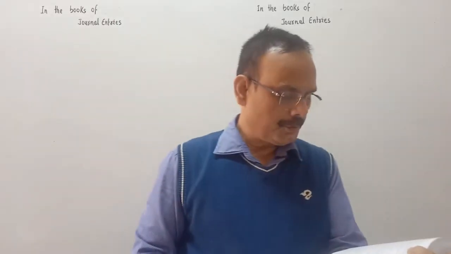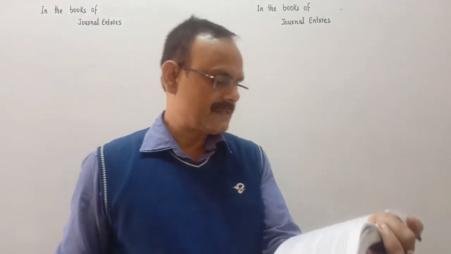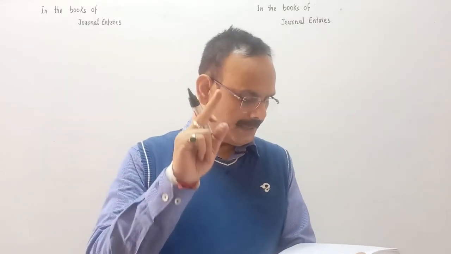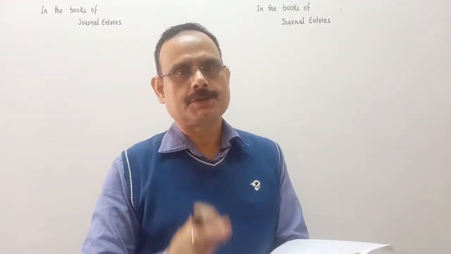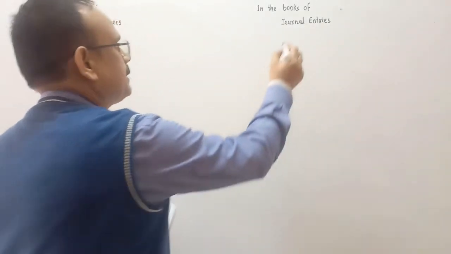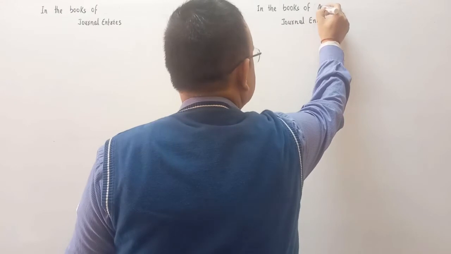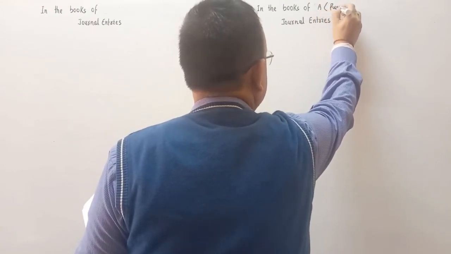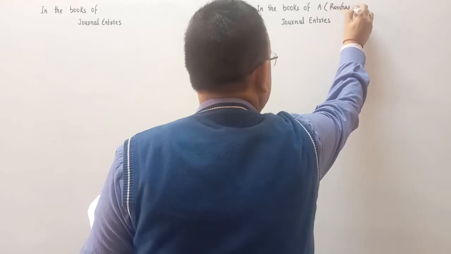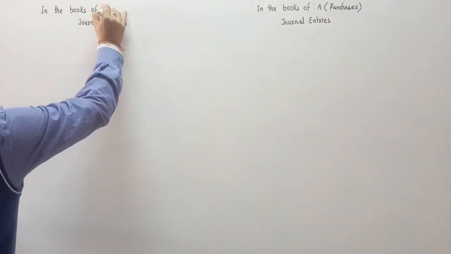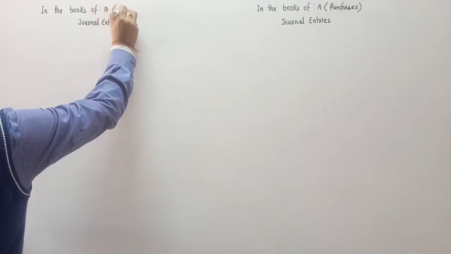On March 4, 2017, A purchased from B goods of rupees 50,000. So A is the purchaser and B is the seller.